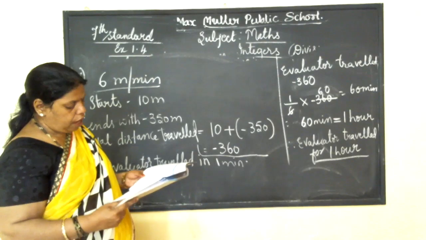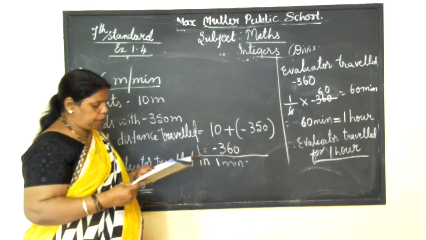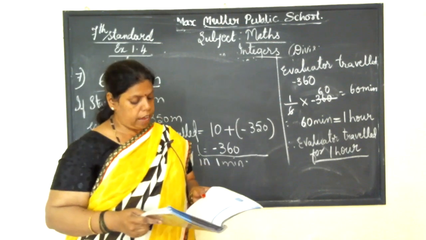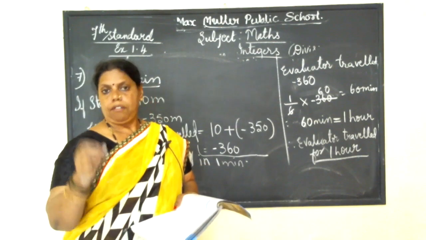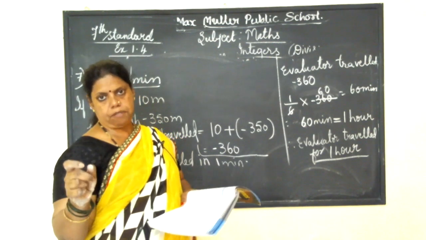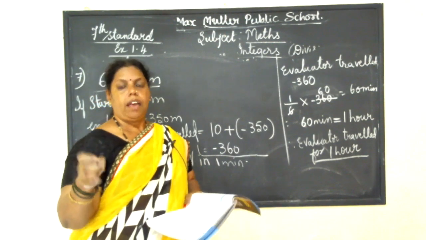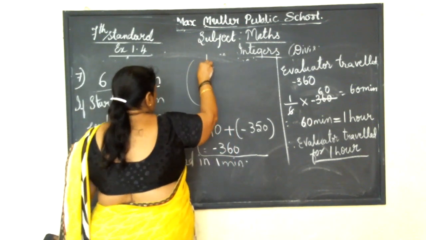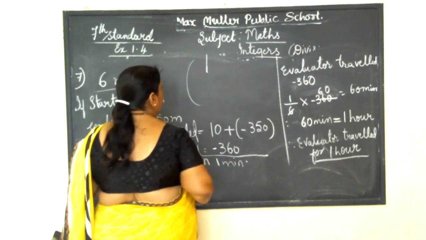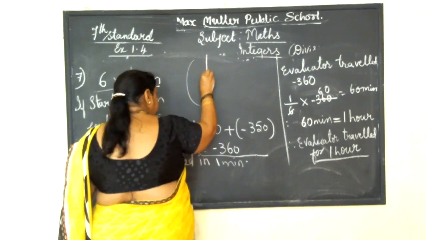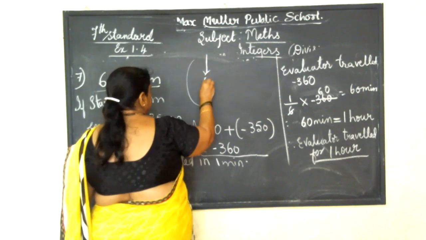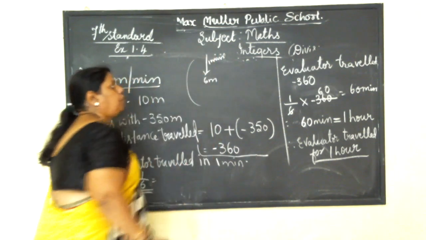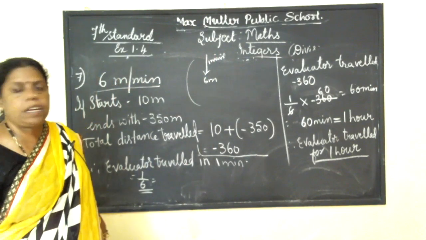If 6 meters per minute, as we start, see here, it is descending, in 1 minute 6 meters it will go. In 1 minute, 6 meters it will travel.